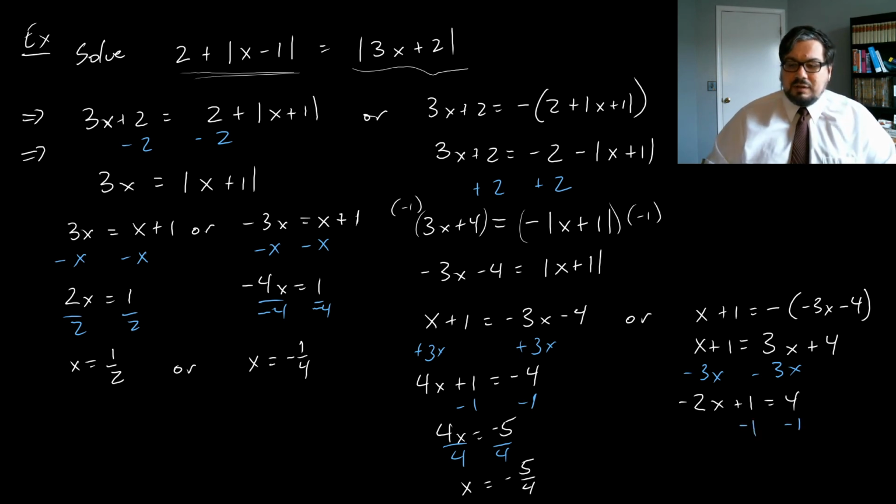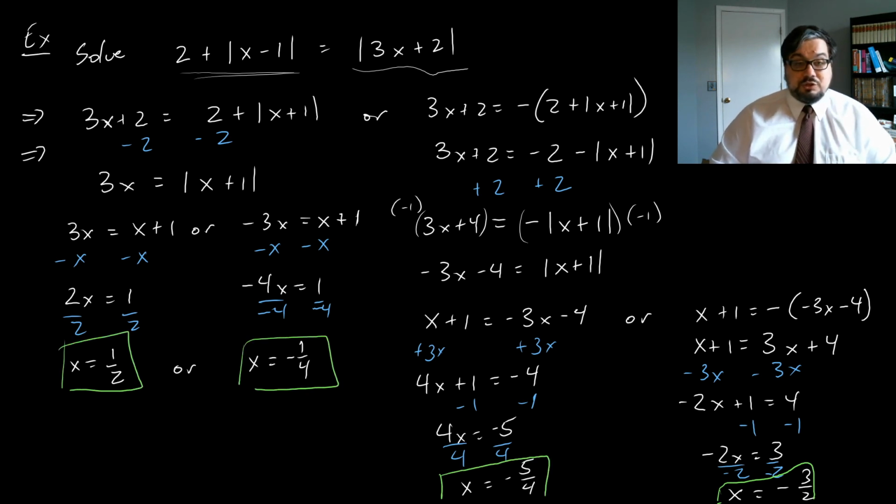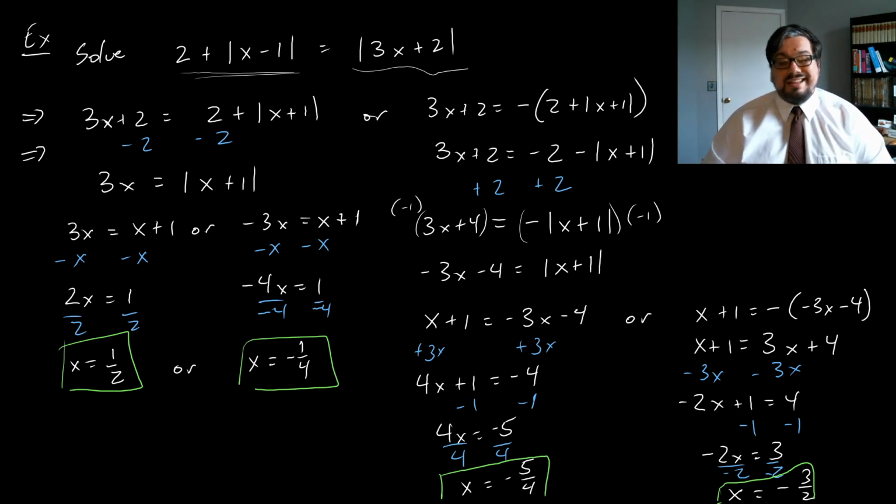Now we'll subtract 1, get negative 2x equals 3, and divide by negative 2 to get x equals negative 3/2. So we managed to get 4 potential solutions to this equation. 1/2, negative 1/4, negative 5/4, negative 3/2.